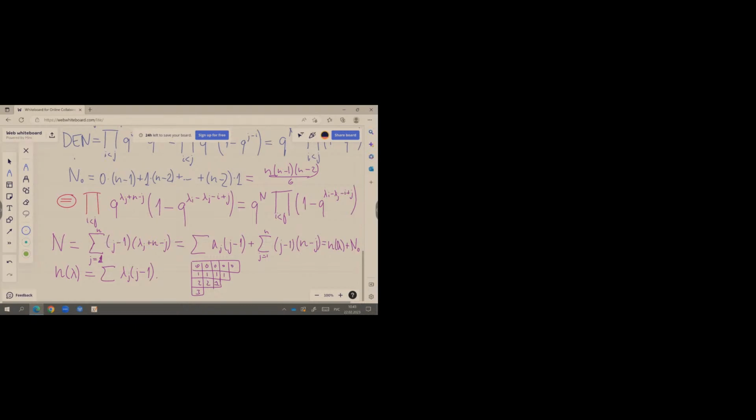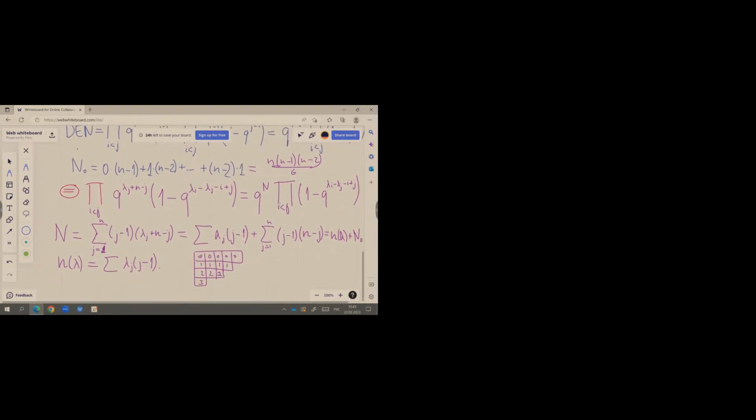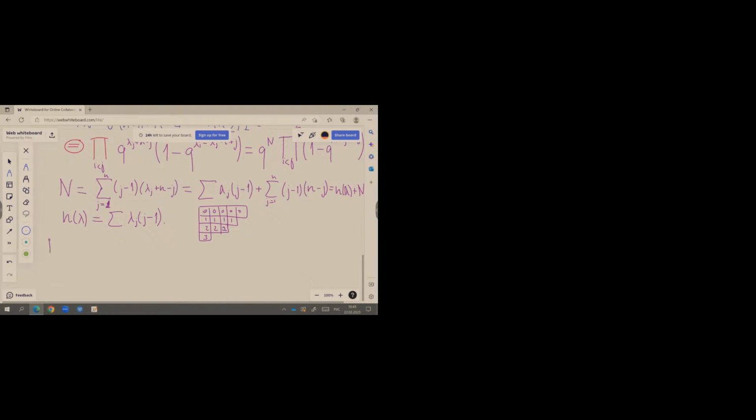All right. And so let me now take the ratio, the numerator divided by the denominator. The numerator divided by the denominator is q to the power n of lambda times the product, for i less than j.